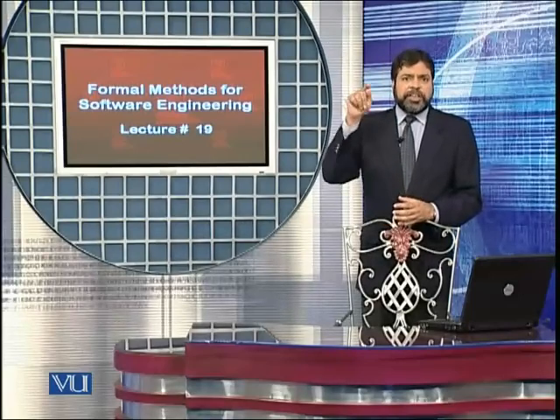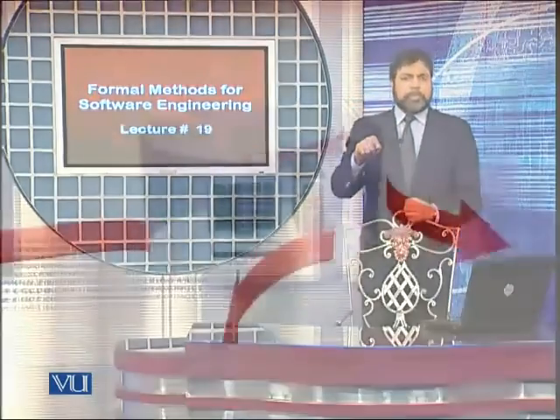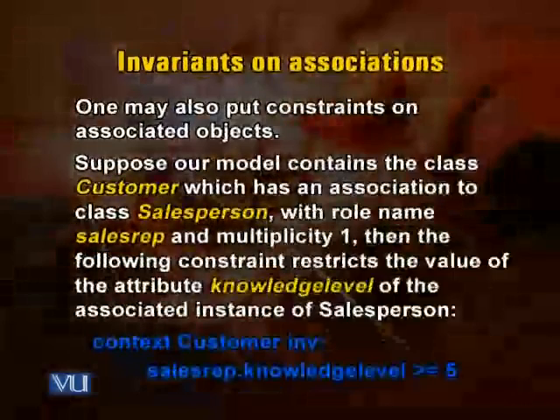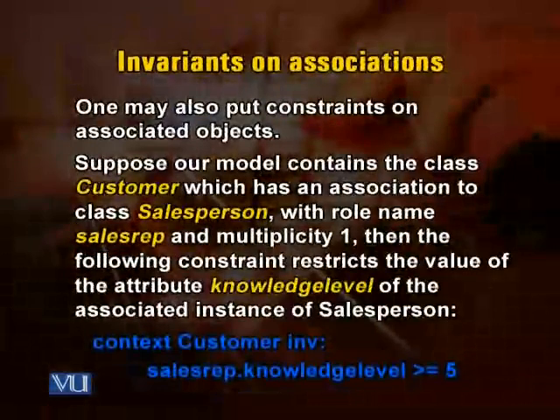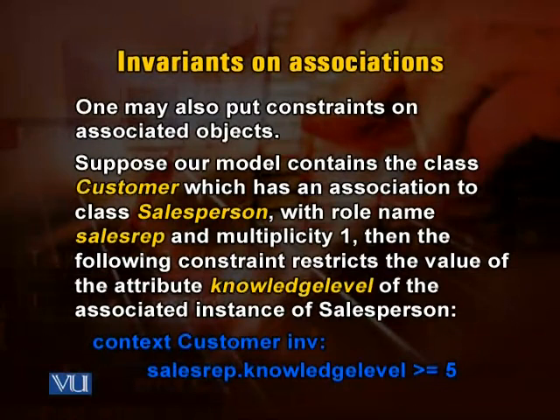So we are saying in this particular case, the knowledge level for the sales rep, for this particular case where it is associated with, here we are saying all those instances which are associated with this class, for them the knowledge level must be greater than equal to 5.